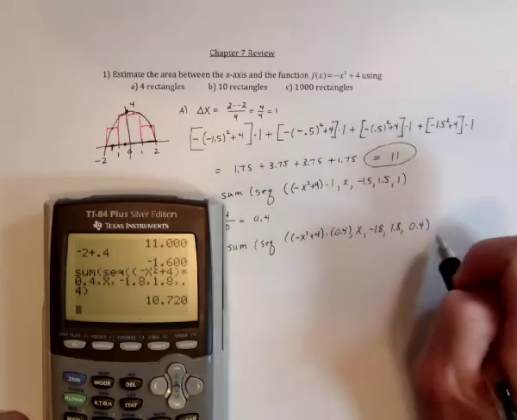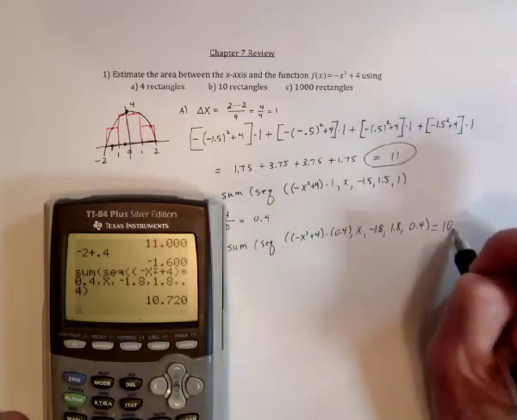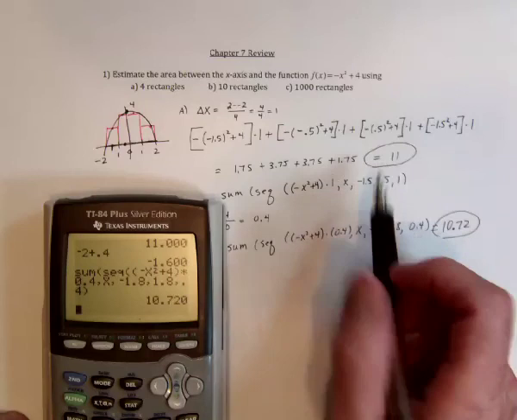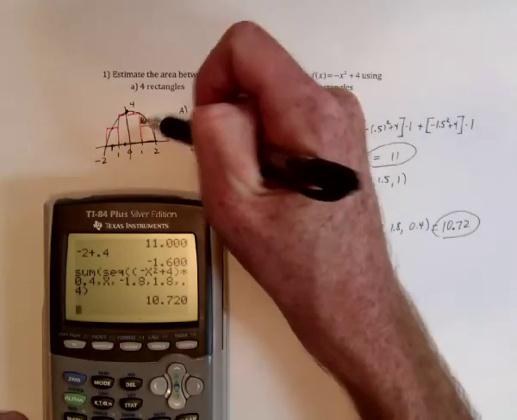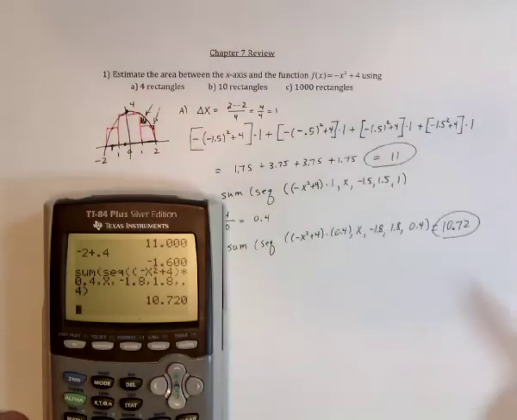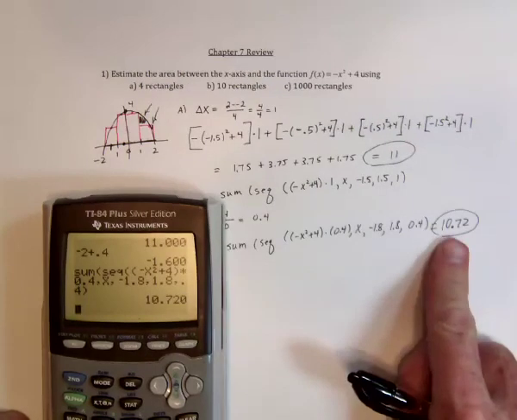The area is 10.72. So 11 was a decent estimate, but you can see that there's actually some error in there. And so this is a better estimate.